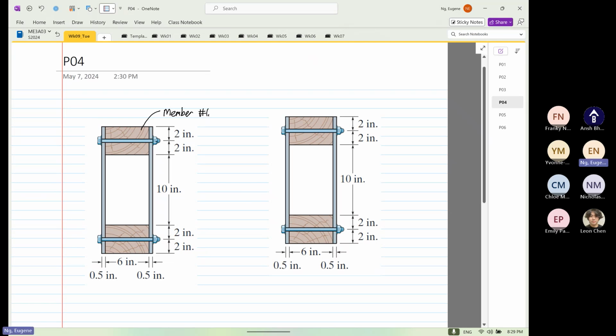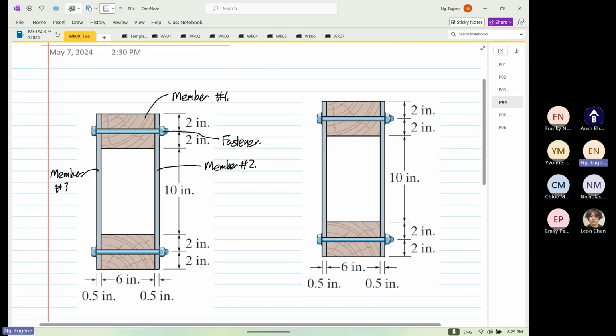And then this is our fastener. And then this is our member number two. And this is our member number three. Okay.